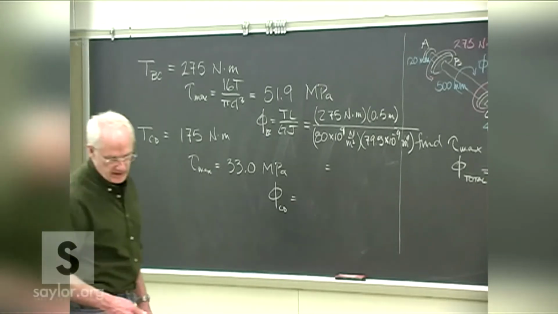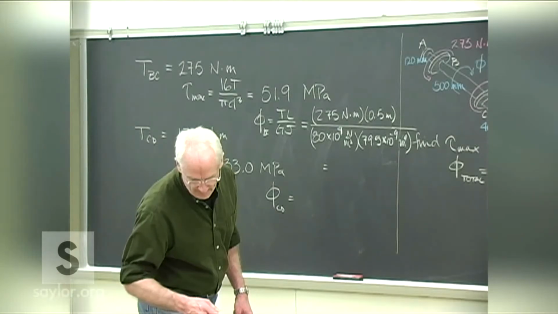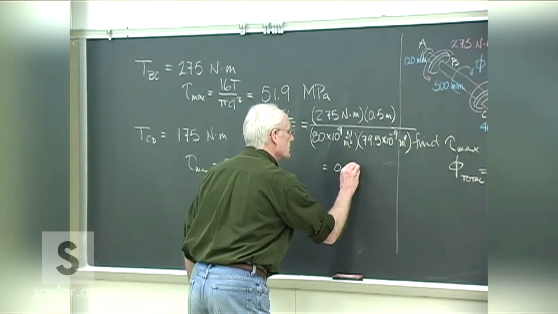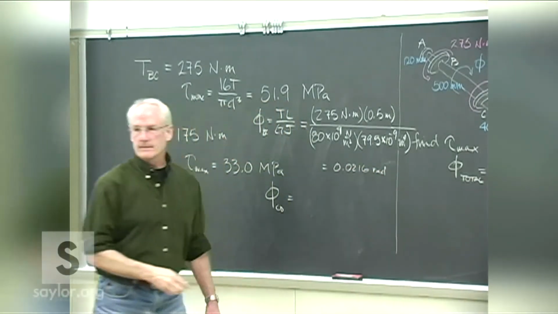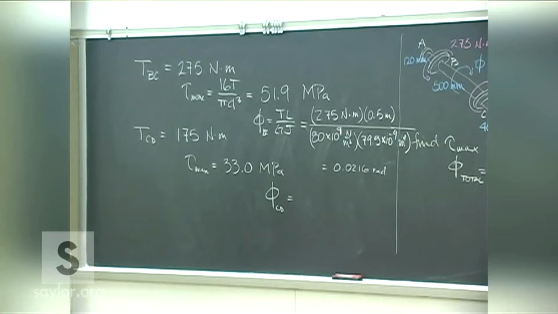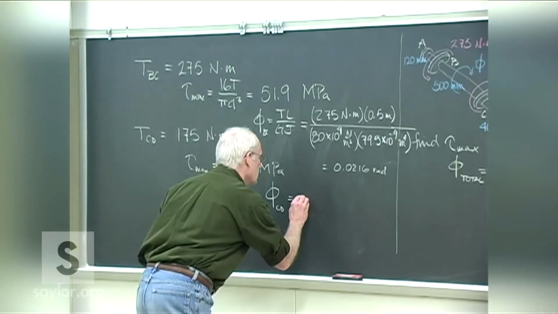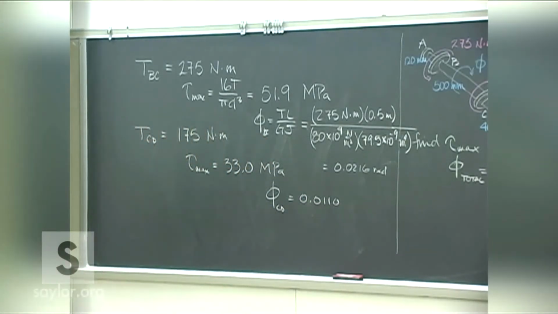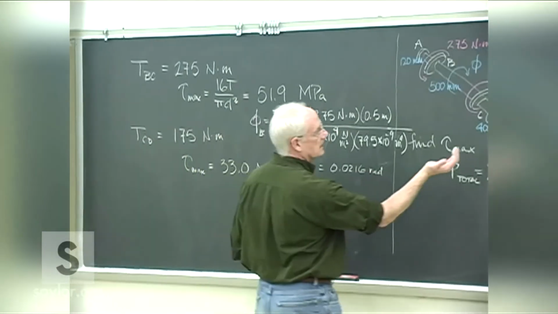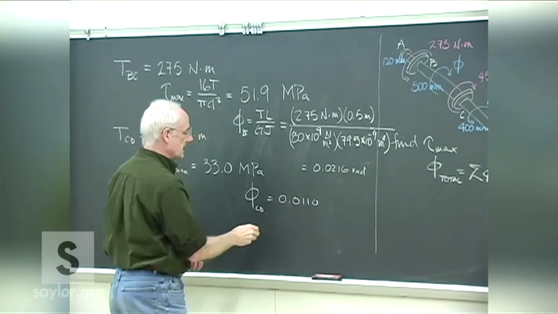So that comes out to be a little better, I hope. That comes out to be 0.0216 radians. 1, 2, 3. Yeah. Okay. And in the opposite direction, 0.0110. So maybe if we call that the positive direction, that would make this first one negative.